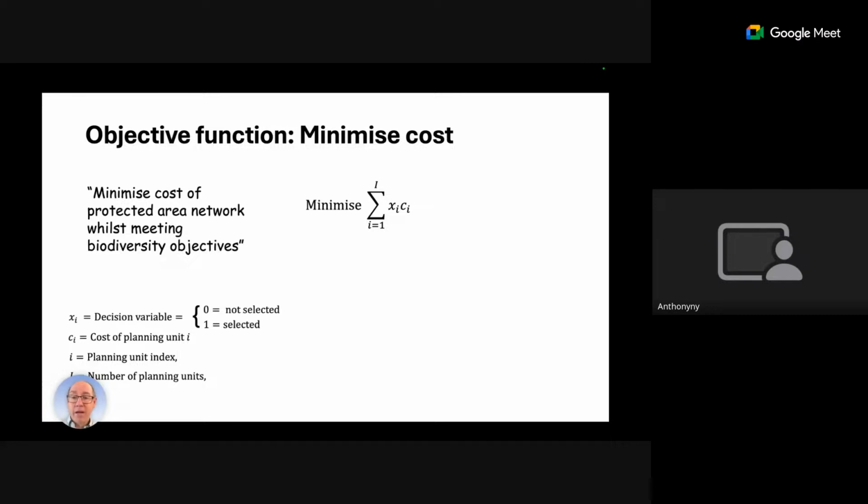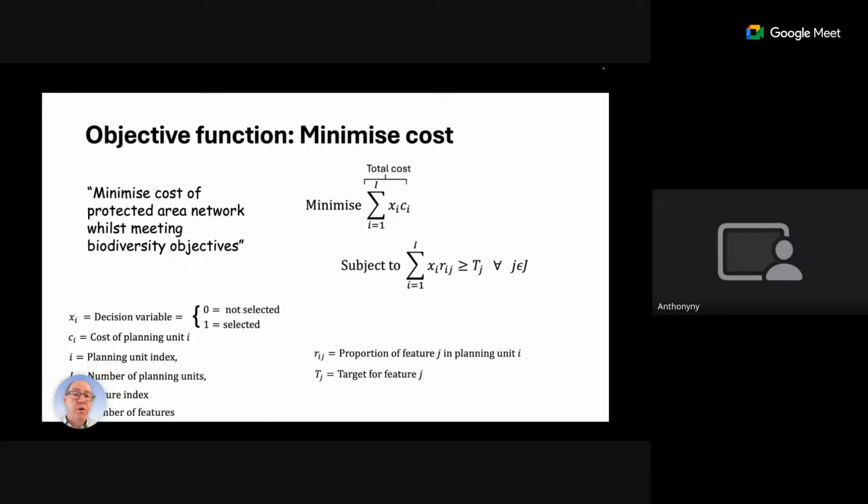So when you select a planning unit, we're summing all those costs, and it's simply the total cost, but it's subject to a constraint of meeting all our biodiversity objectives, which is a target. So our target might be 30% of the distribution of each of the species. So this is quite a simple problem when you've got a few different features, but if you've got hundreds or thousands of different features, then it's a bit more complex. And so this constraint is about meeting your targets.